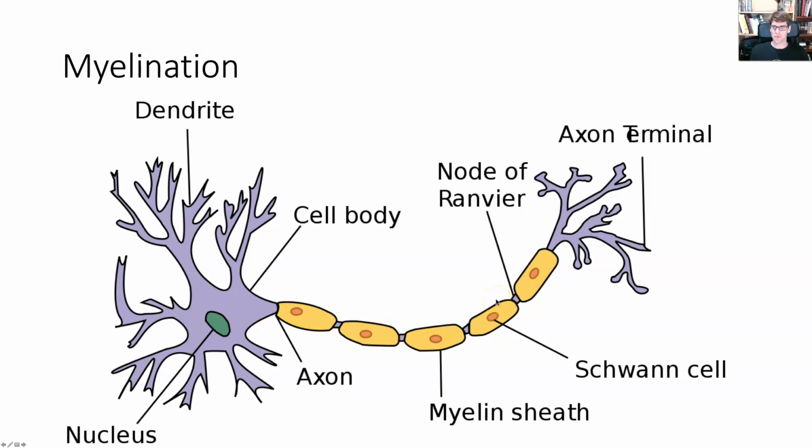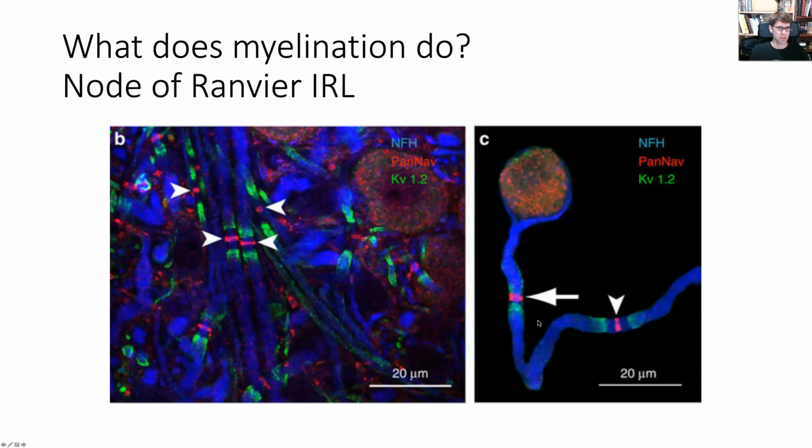Now, we will get to a slightly more truthful and realistic, but also more complicated, definition in a bit. To show you a picture, you can actually see these. This is an example of a neuron, and remember we talked about immunofluorescence when we went over the paper? What you can see here is if you stain for the sodium channels and for the potassium channels, the sodium channels are red and the potassium channels are green, we can actually label right where they are.